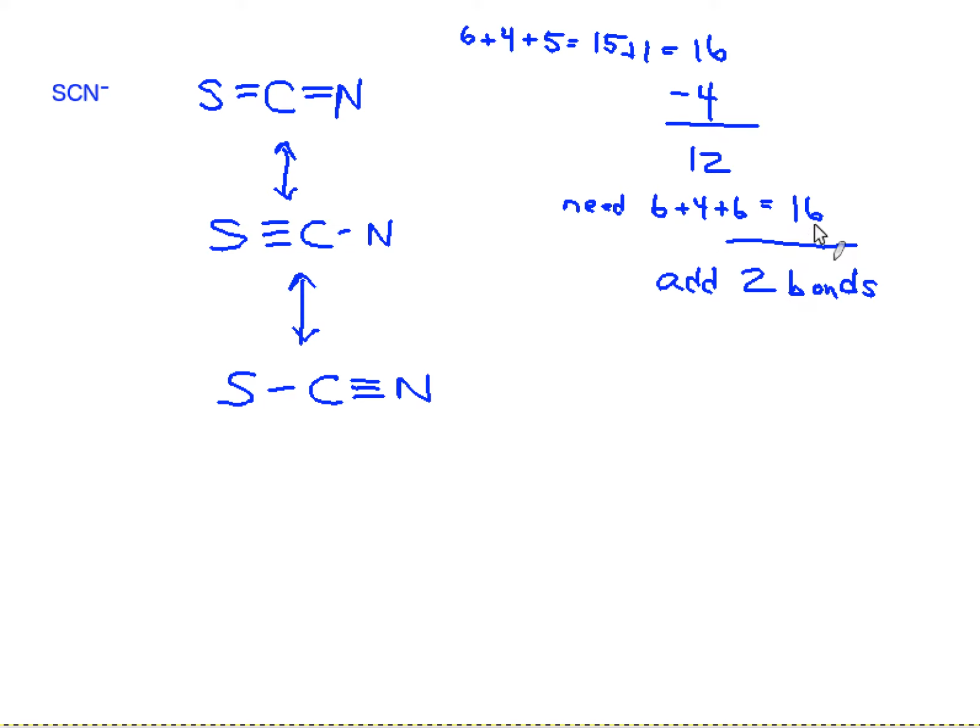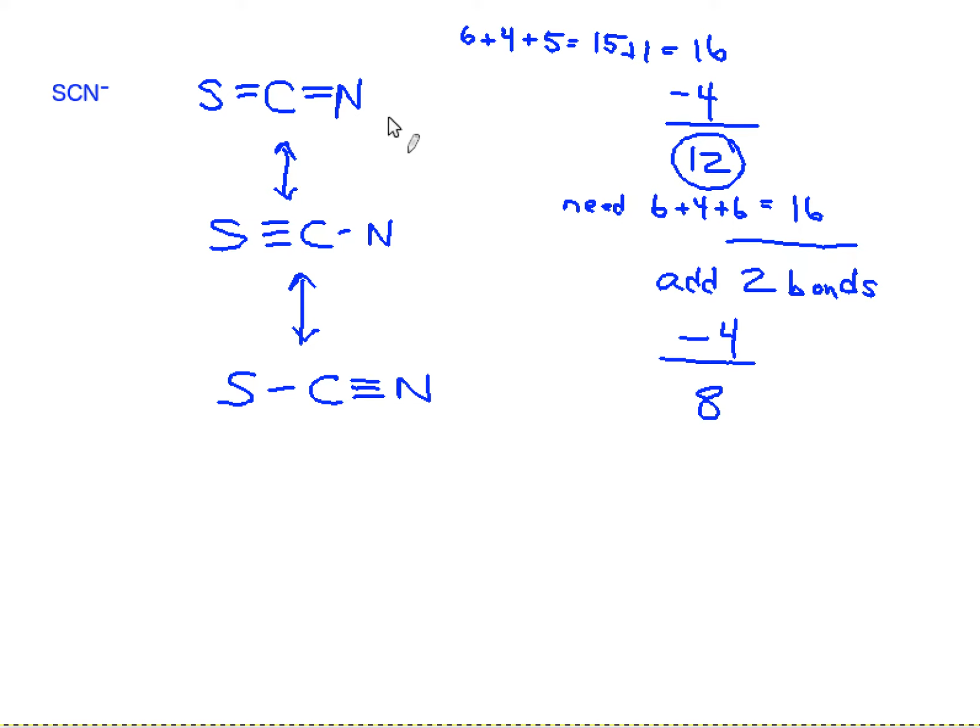When I added these 2 bonds, remember I had 12 electrons to work with. I added 2 bonds, so I have to subtract the 4 electrons that are required for those 2 bonds. So now I have 8. And if you've done your work correctly, these 8 electrons I should be able to just put onto our structures as lone pairs to make everyone have a complete octet.